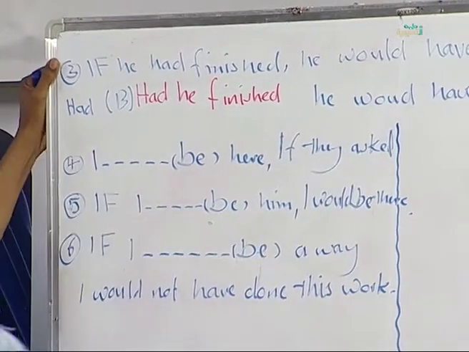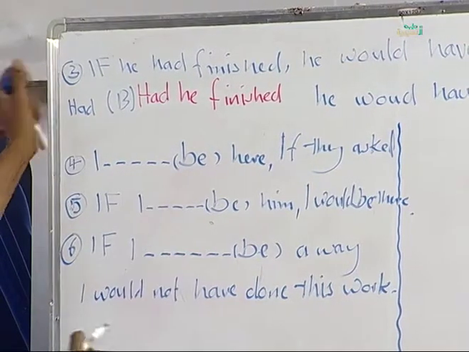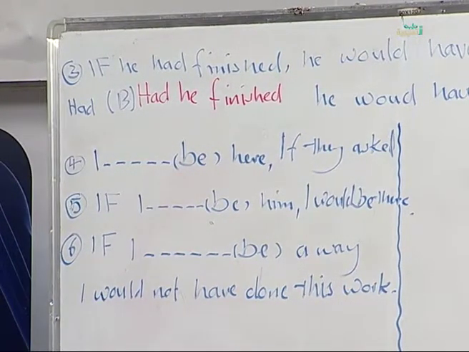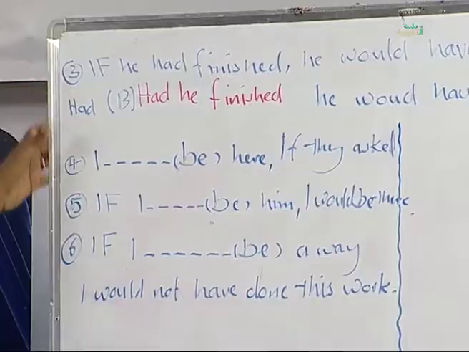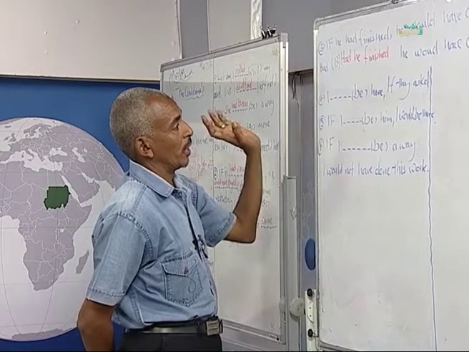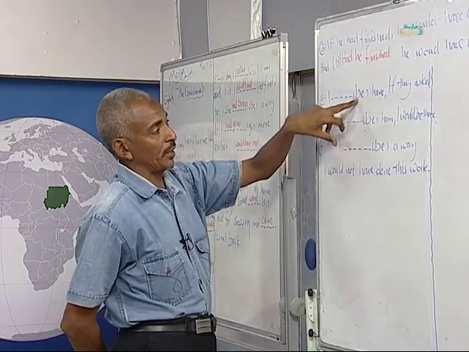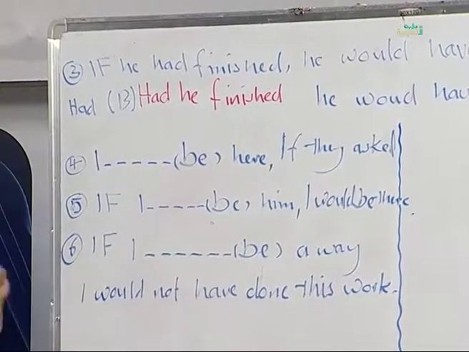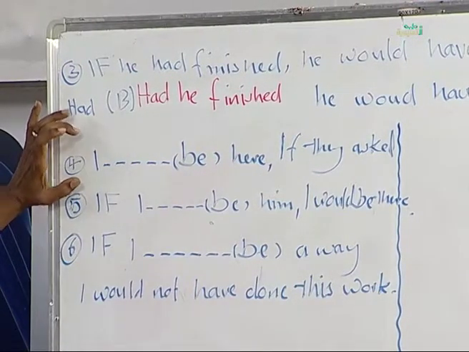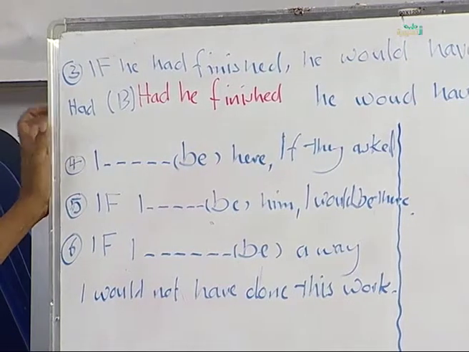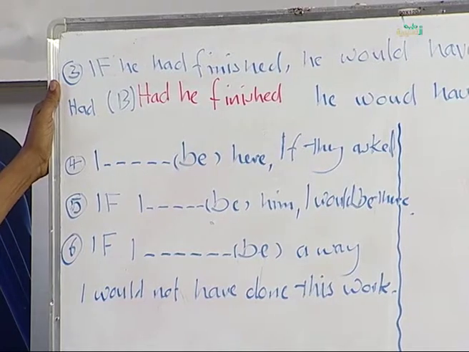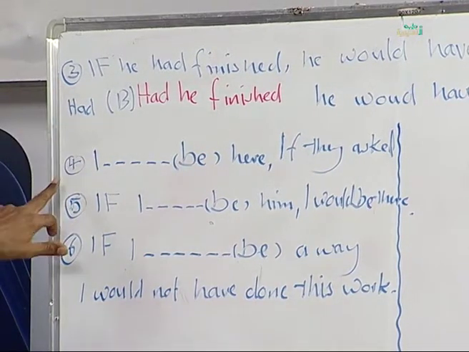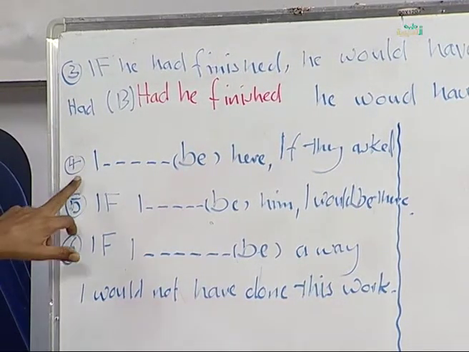Okay, very good. Here we have 3 sentences with 3 questions for different types. And as you see, for all these questions, the verb is be. And here I want to make a difference between the 3 types. Let us see the first type.